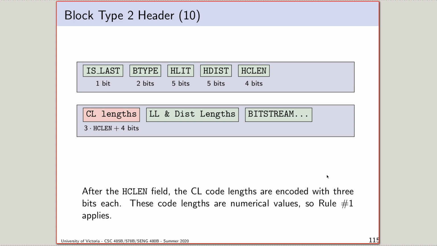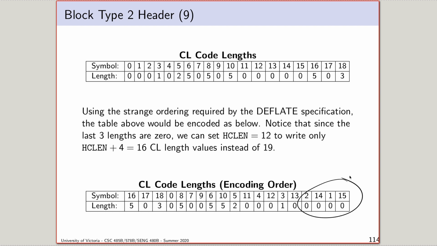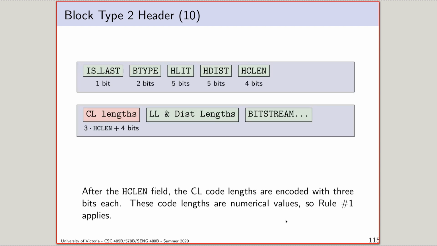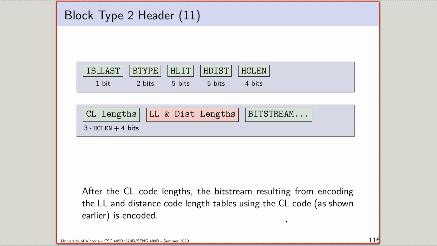So after my hclen field, I am encoding this number of bits, so 3 times hclen plus 4 code lengths. The first hclen plus 4 elements of this representation here, starting at this end and going into whenever hclen plus 4 is. And of course, those are numbers. They're code lengths, they are numbers. Rule number 1 applies. And then I have my CL code lengths stored.